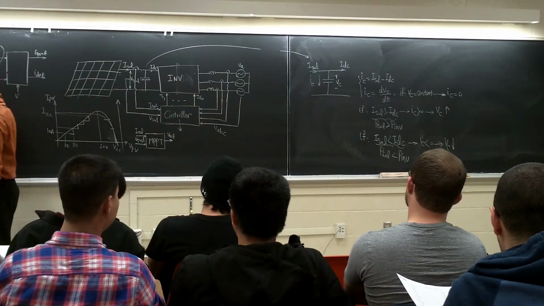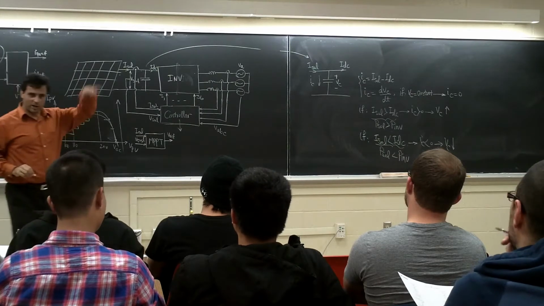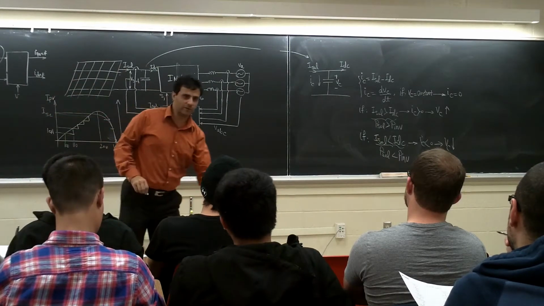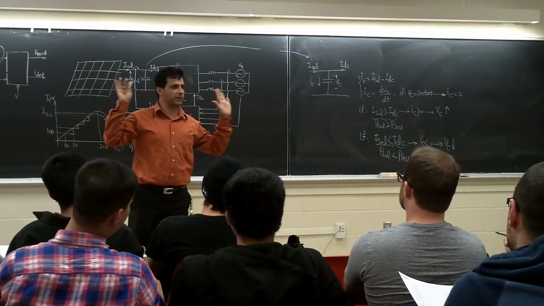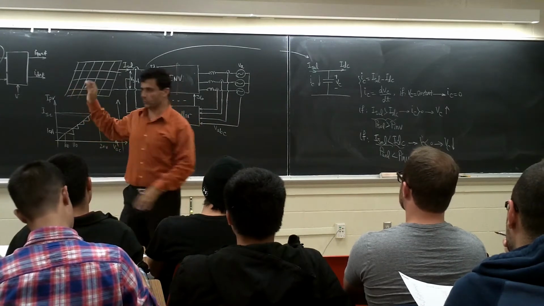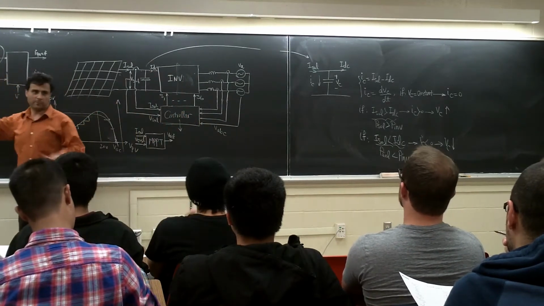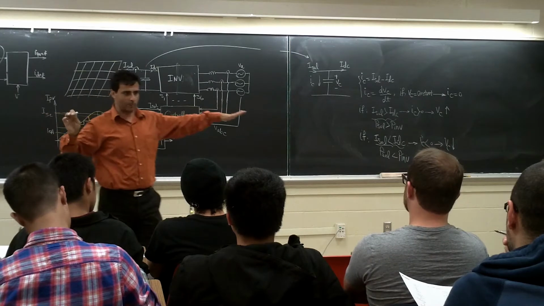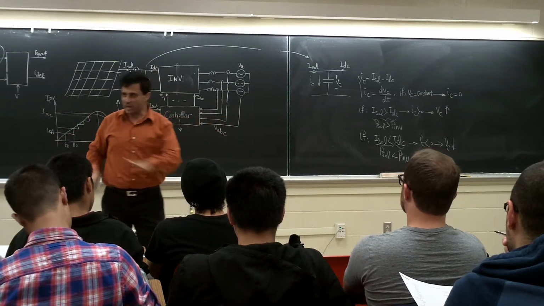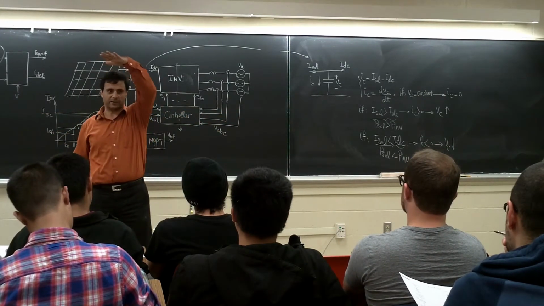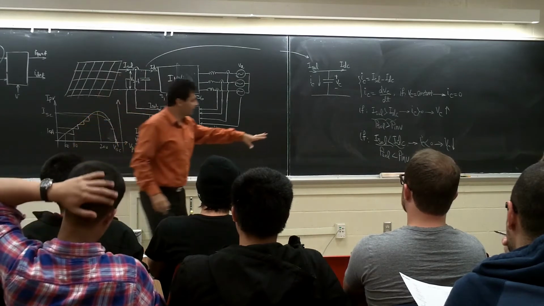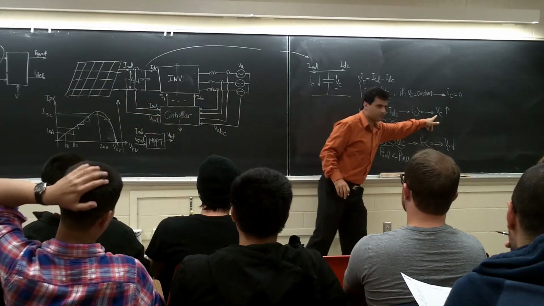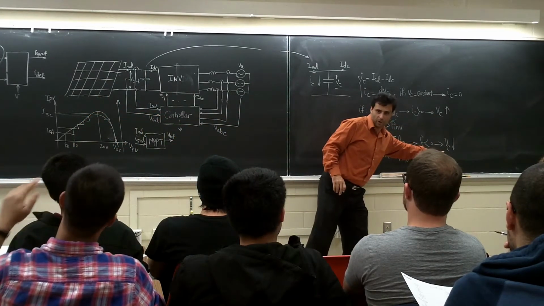By changing this P ref, either reducing or increasing it, let's say the inverter is working perfectly. As soon as I put my command here, my inverter is going to act and deliver that much power. So by changing this P ref, I can either increase or decrease my DC bus.